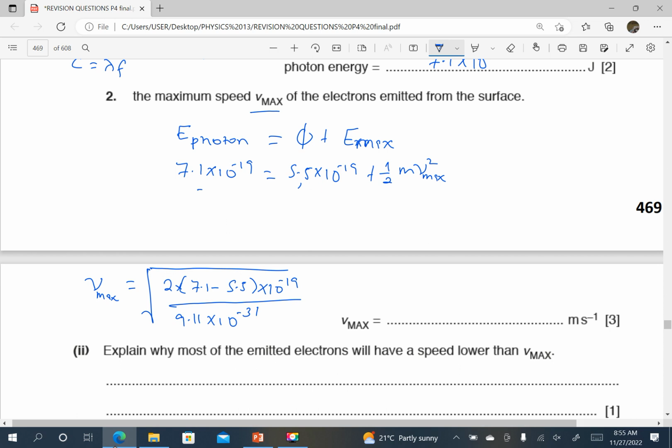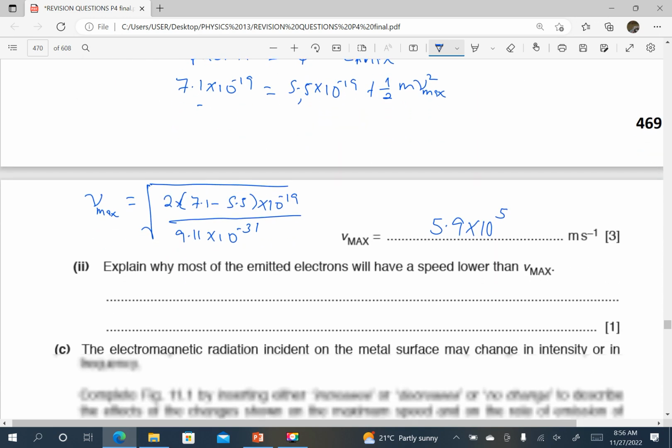So from my calculator, Vmax is 5.9 times 10 power 5 meters per second. So that is the maximum speed.